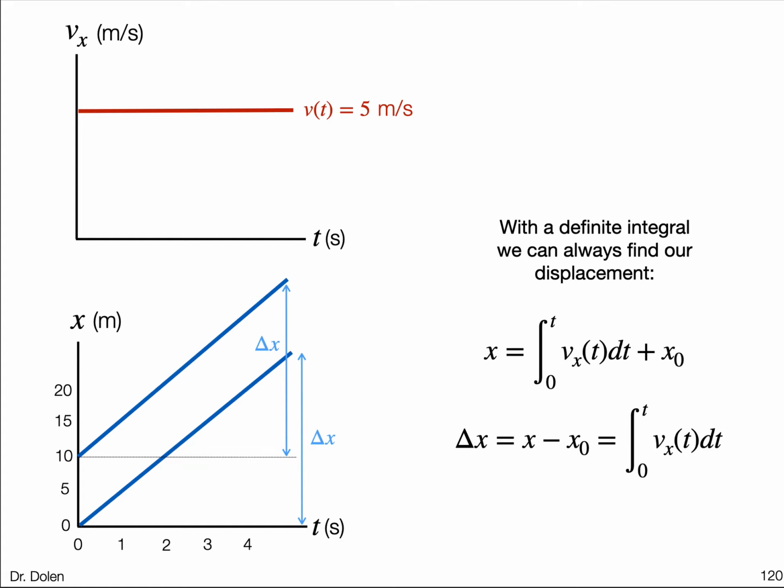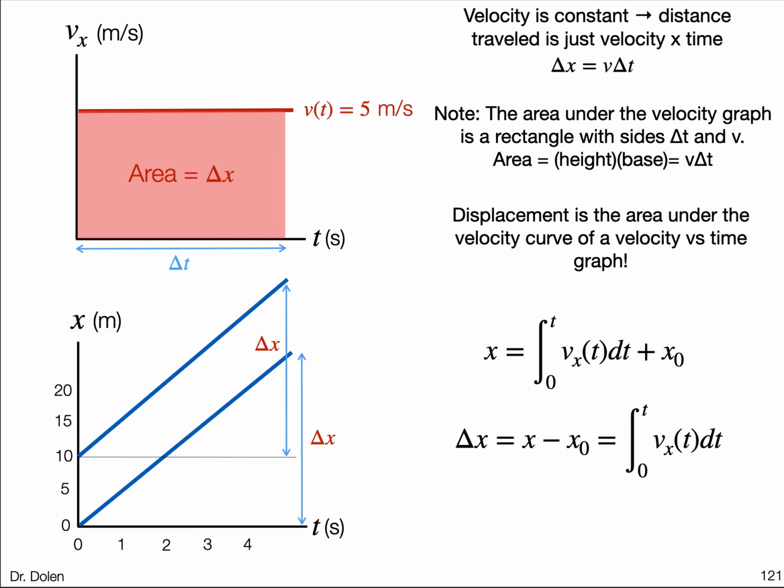Now let's talk a little bit more about interpreting our velocity versus time graph. If we take a look at that graph, in this case we have a constant velocity, and we know that distance traveled is just velocity times time. So the equation for that is displacement is equal to velocity times time elapsed. That's just solving our average velocity equation for constant velocity for displacement.